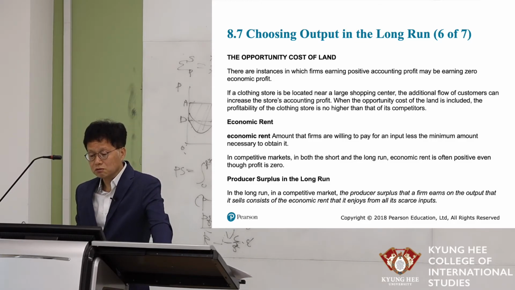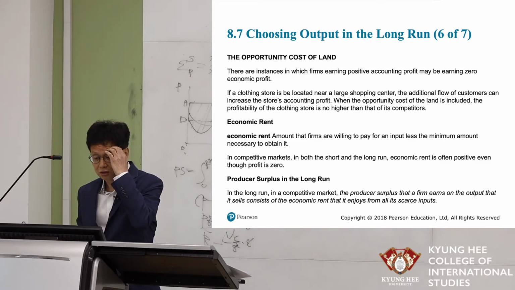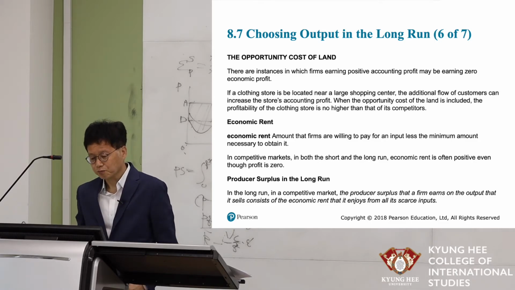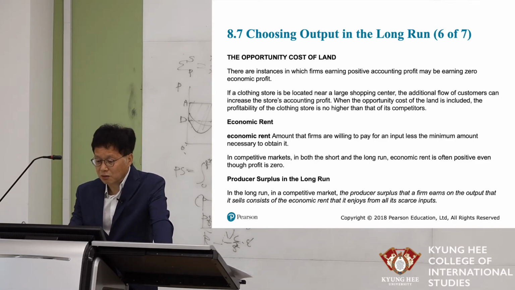Now think about it, there is a big shopping center, right? And two shops sell the same goods. One is located in front of the shopping center, and the other is located in a place distant from the shopping center. Then the first shop has more customers, right?